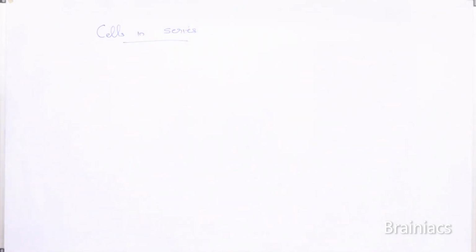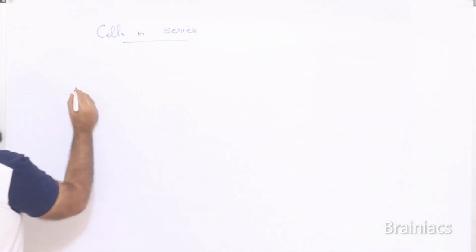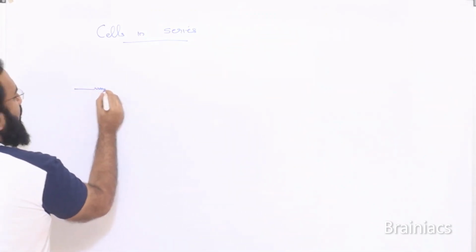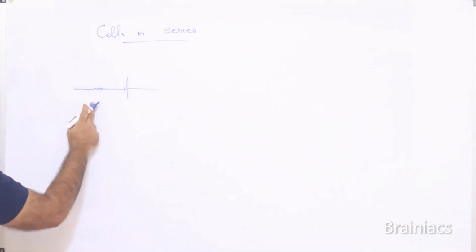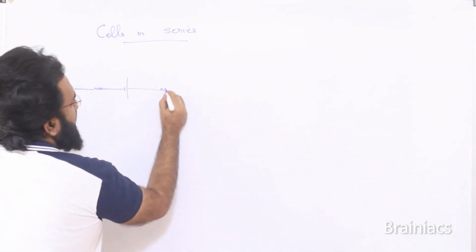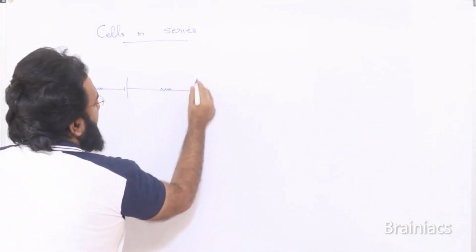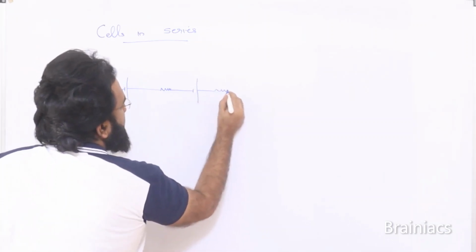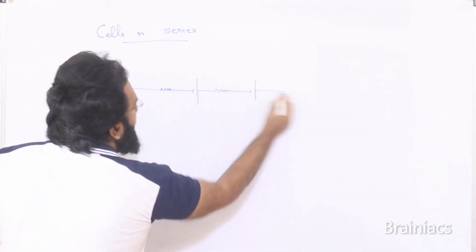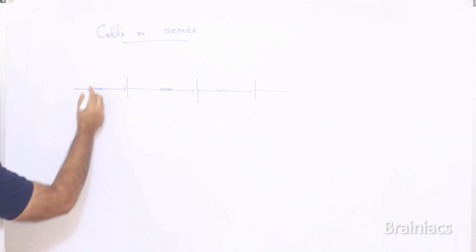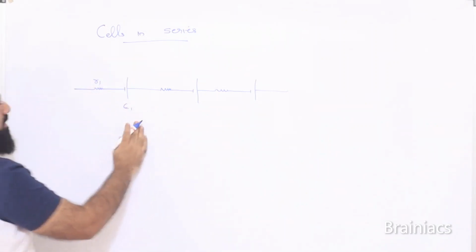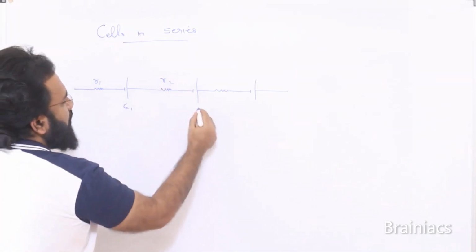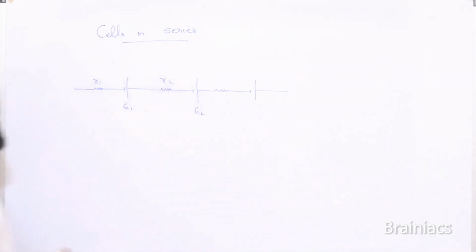Cells in series. So a cell, its internal resistance, another cell, another internal resistance. Likewise, we are taking three cells just for understanding purpose: R1, E1, R2, E2, R3, E3.